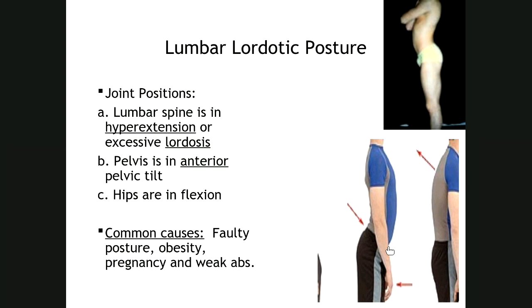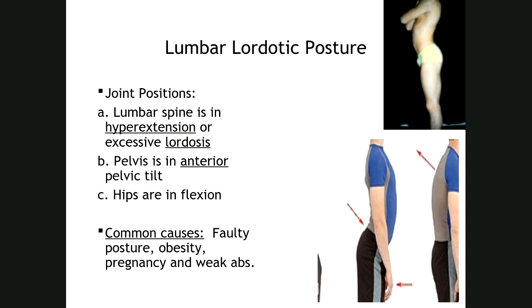So another reason, obviously, pregnancy. Obviously, they're carrying that excess weight in the front, so that's going to pull them into that anterior pelvic tilt and cause that increased lordosis of the spine. Also, weakness in the abs is going to pull down and into that anterior pelvic tilt, increasing that lordosis.